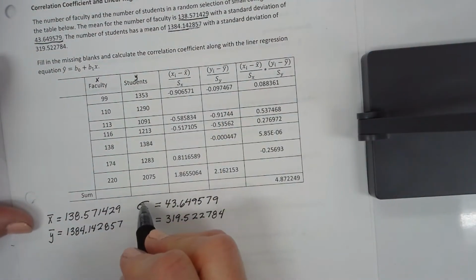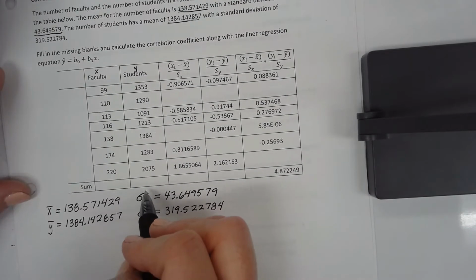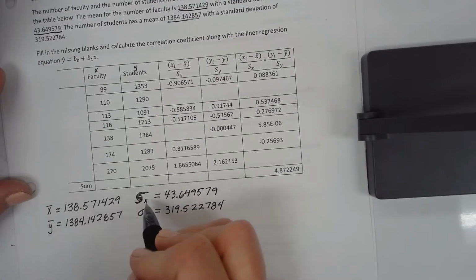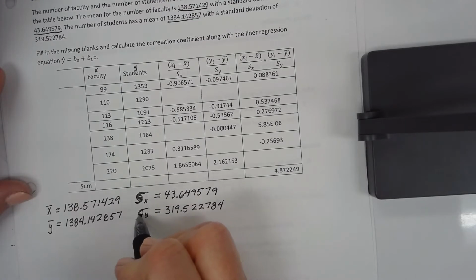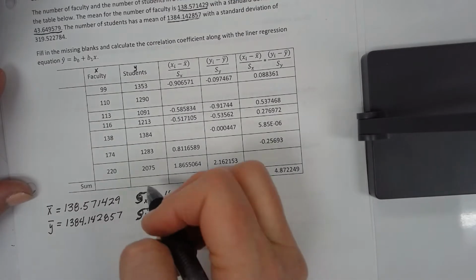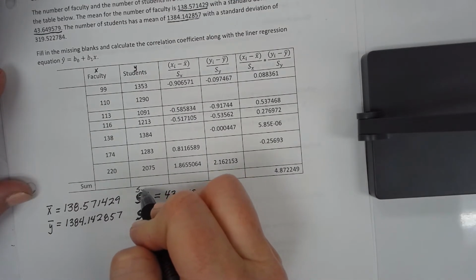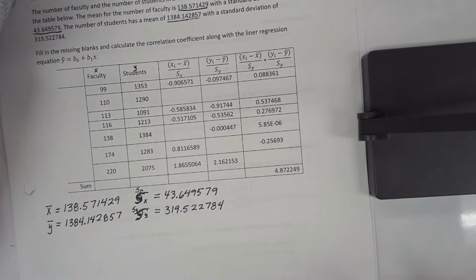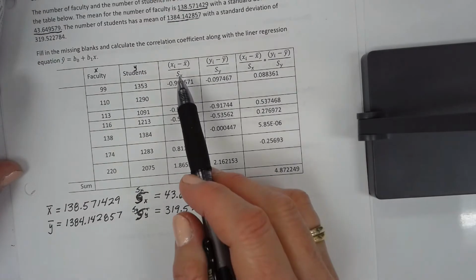So these actually should be S's, not sigmas. So that should be lowercase s of X, and lowercase s of Y. Sorry about that. S of X and S of Y.